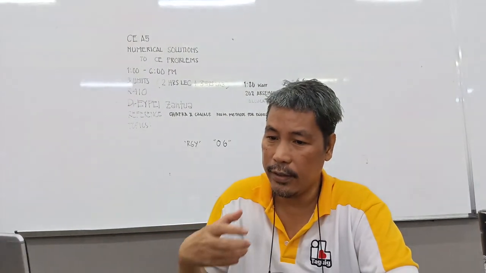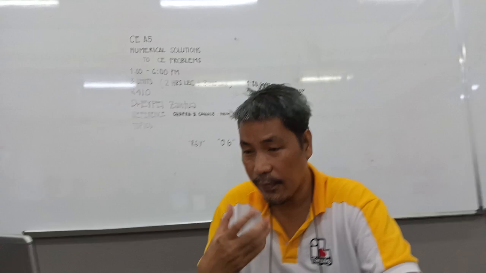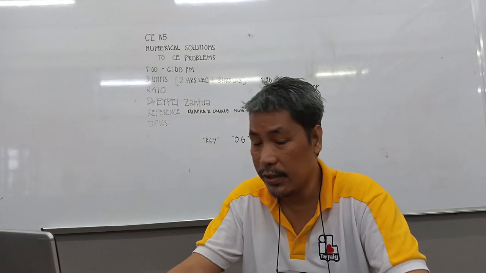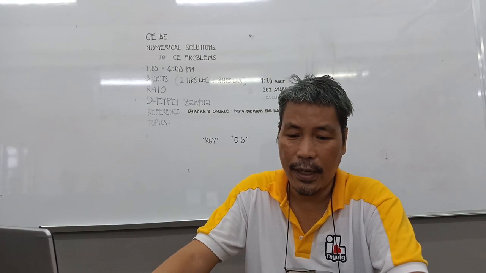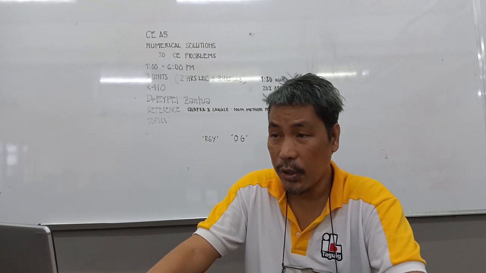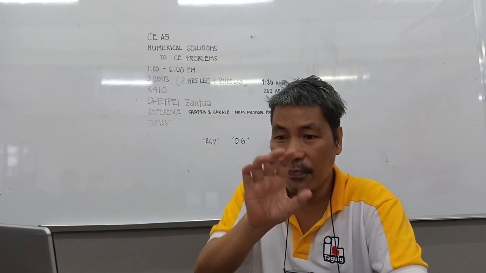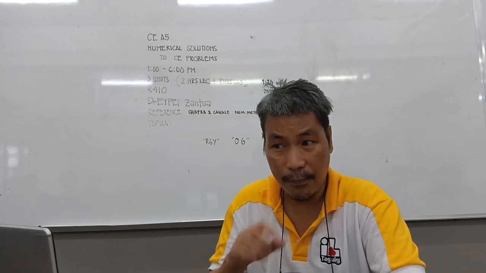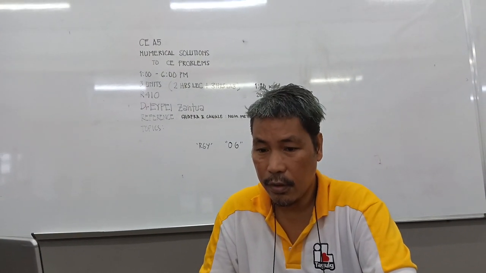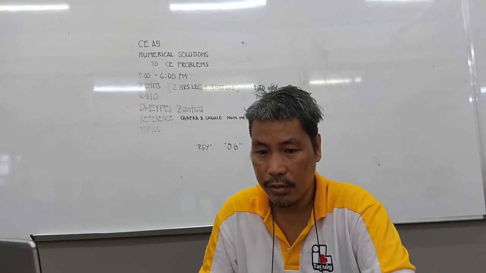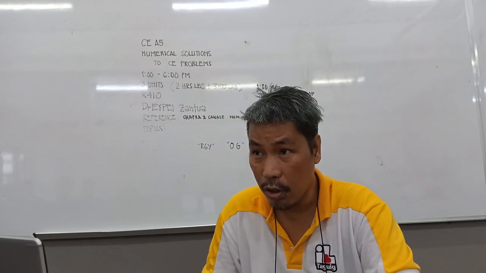If you are given a particular civil engineering problem, you can at least identify which method to be used. We will discuss different methods in this one semester. There are plentiful methods, and we cannot discuss all of them. We will only tackle those required by the curriculum.